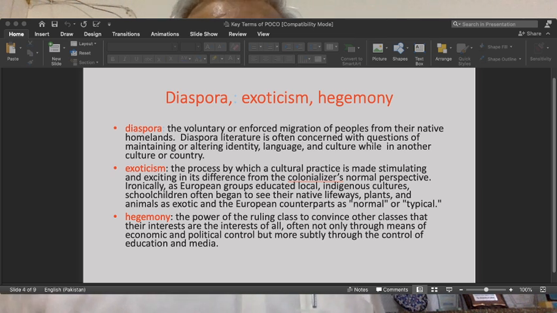These people, when they migrate into another country and another culture, their language, identity, and culture get influenced, and a type of alteration takes place in their very belongings and thinking, and so they have to struggle in order to maintain their own culture and identity.